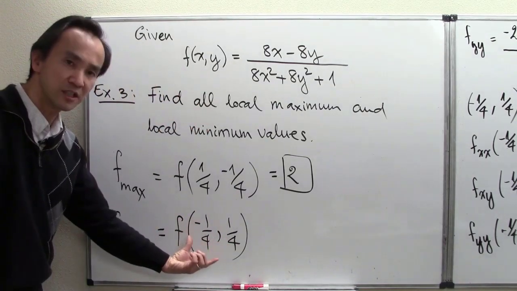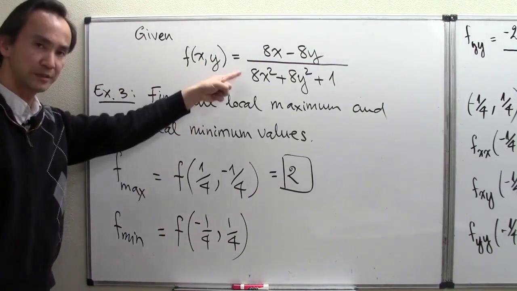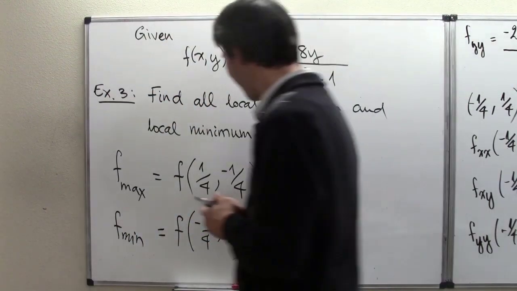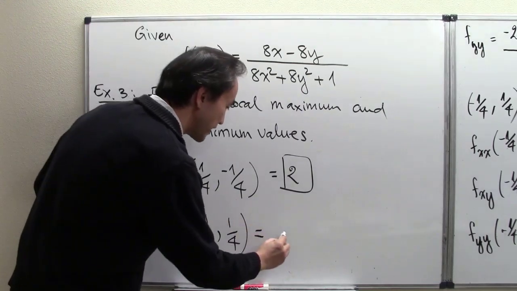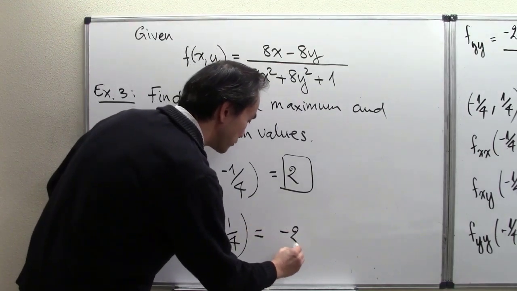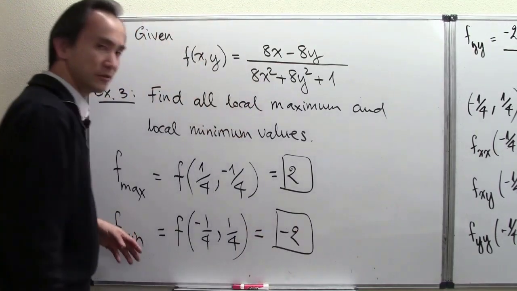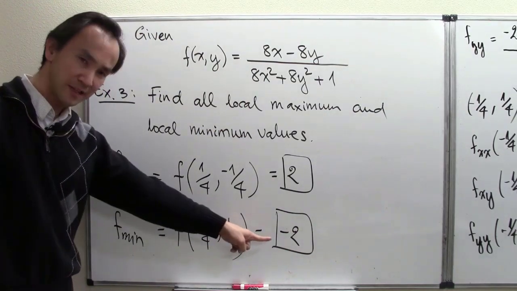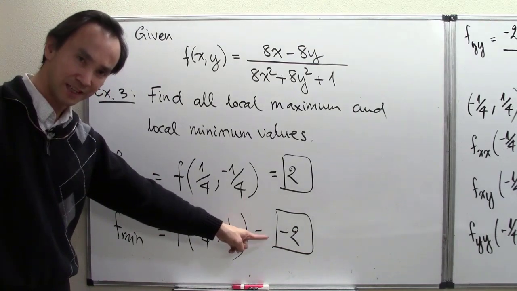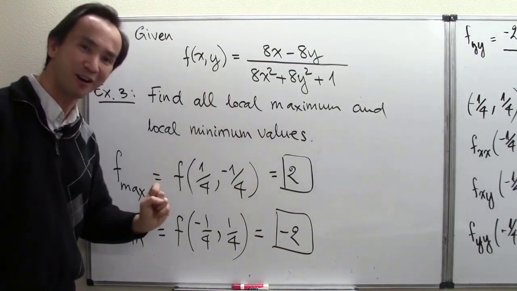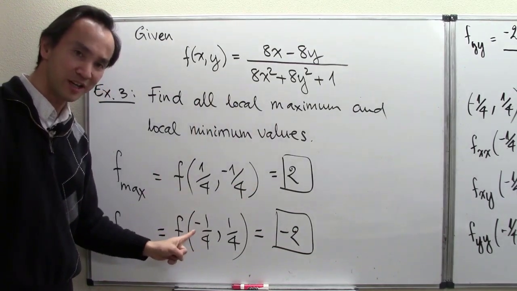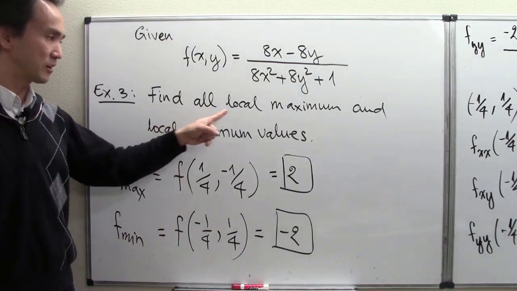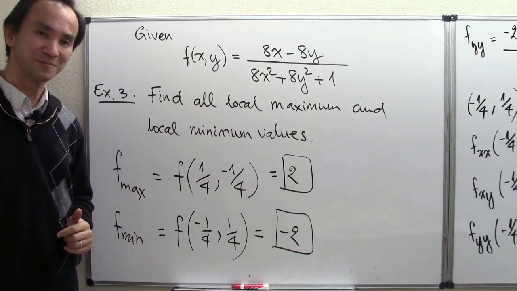We substitute this pair of values into our beginning function. My calculation came out to negative 2. So the function hits as low as -2. That's the lowest, at least in the area that we can see on the graph, at the point (-1/4, 1/4). So we found all of the local maximum and minimum values.